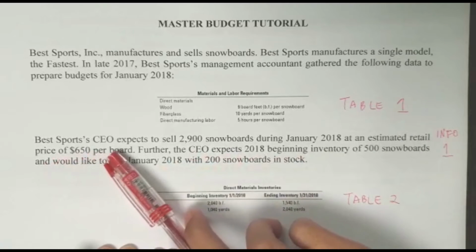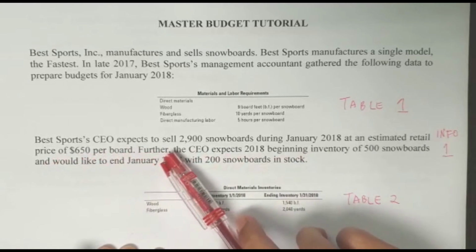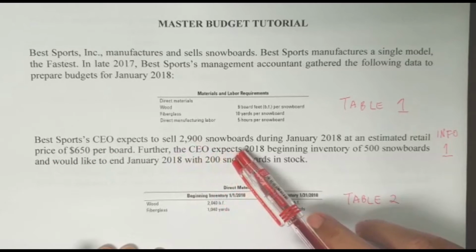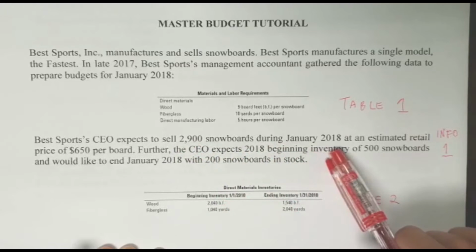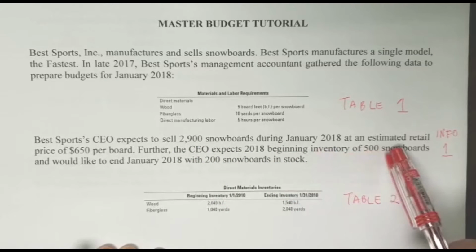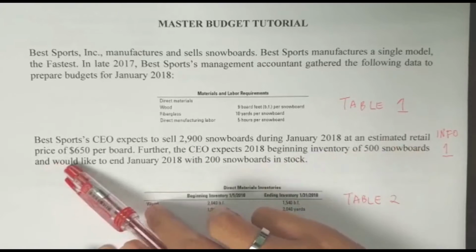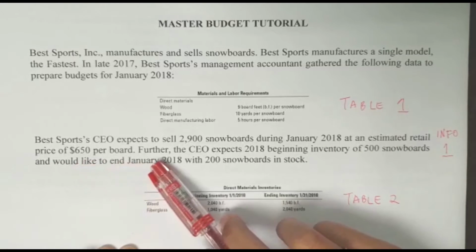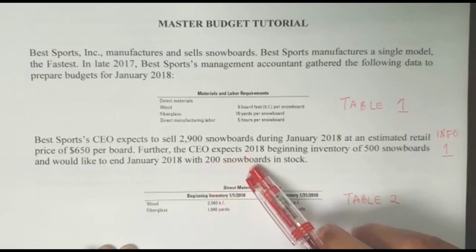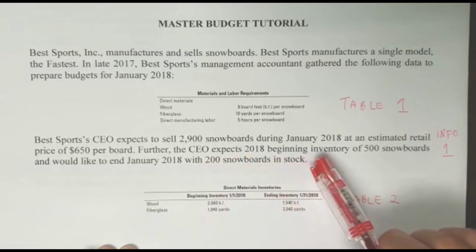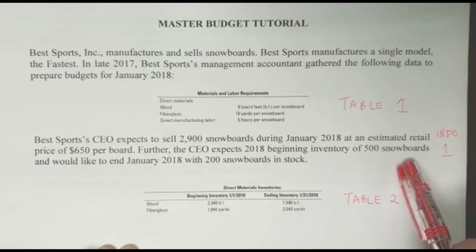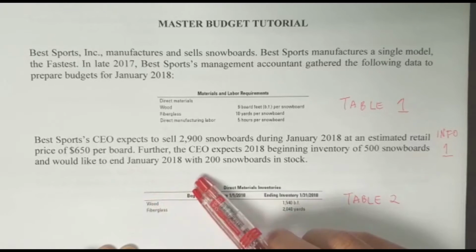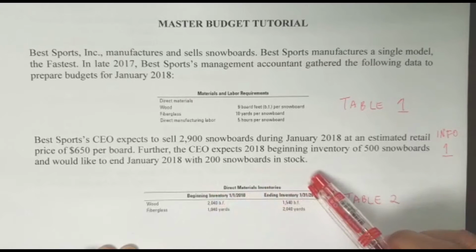Best Sports CEO expects to sell 2,900 snowboards during January 2018 at an estimated retail price of $650 per board. Further, the CEO expects 2018 beginning inventory of 500 snowboards and would like to end January 2018 with 200 snowboards in stock.